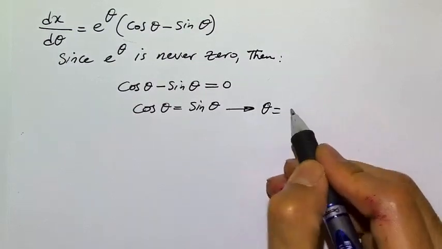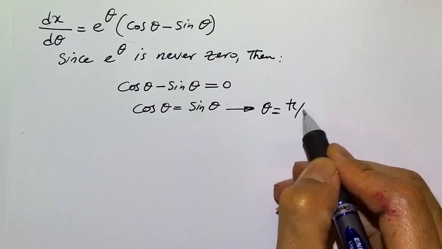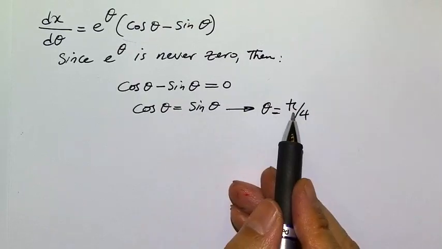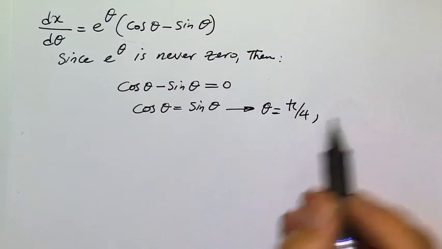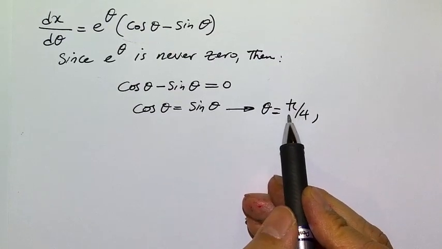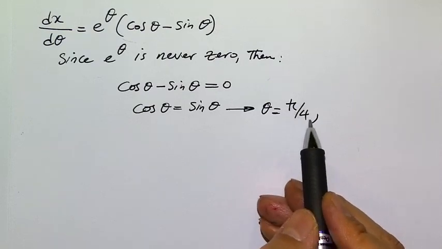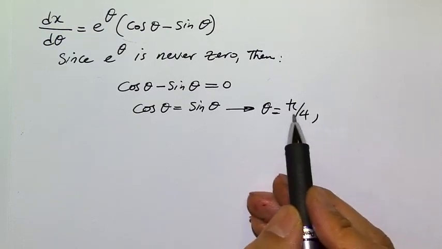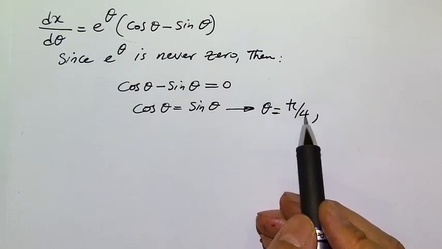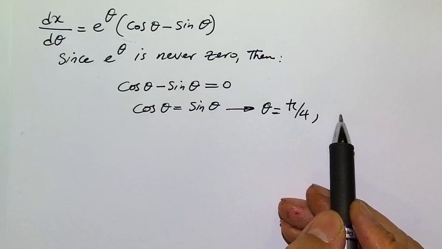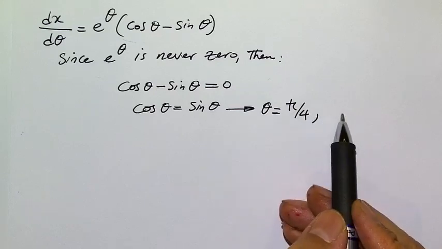So we know that theta must equal pi over 4, right, in the first quadrant. Then we can generalize this by adding pi to it. So pi over 4 plus pi, pi over 4 plus 2 pi, pi over 4 plus 3 pi, and so on.